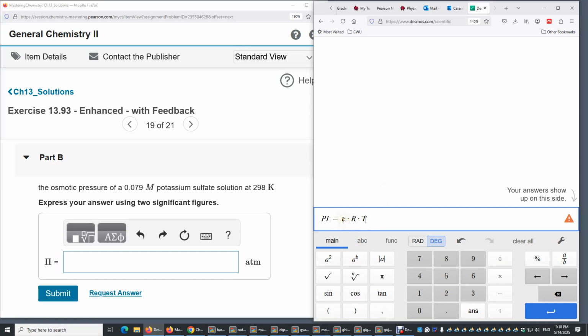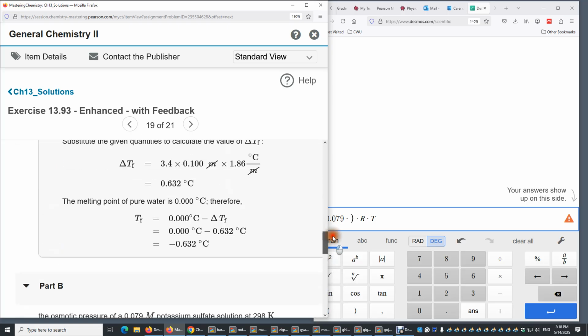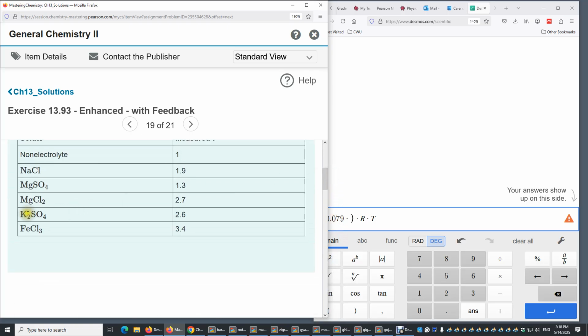Now let's plug in the concentration, the gas constant, and the temperature. C is 0.079 multiplied by the Van 't Hoff factor of potassium sulfate. Let's look it up. Potassium sulfate, 2.6.